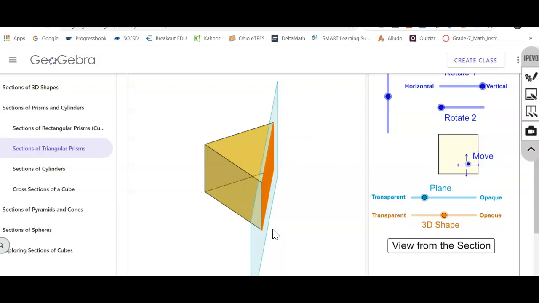Oh, can I do it again? No. How many sides is that? 5. Well, that's one short of 5. How do you do this? I don't know. Click view from section. And then it'll show you what exactly. So you've got a rectangle. We want to try and get a pentagon.